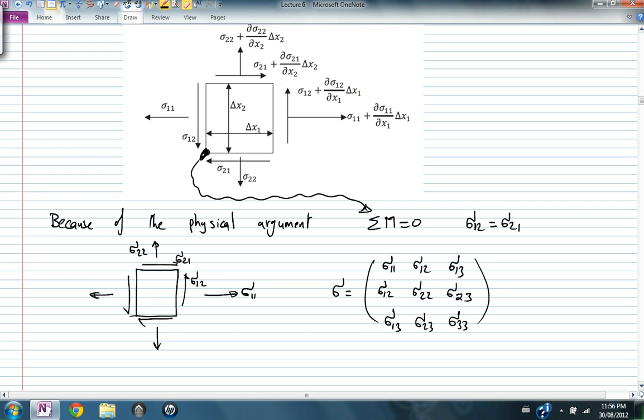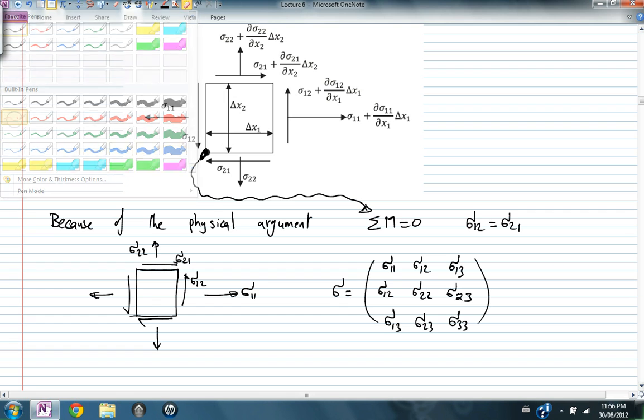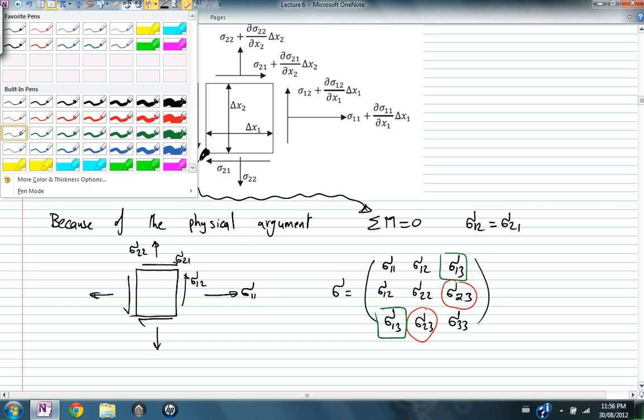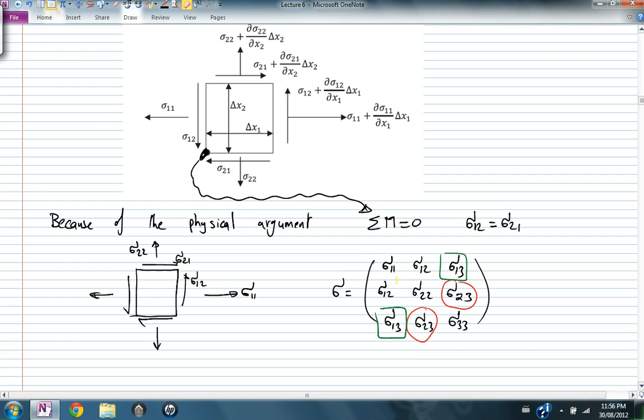So these off-diagonal components are equal. This guy is equal to this guy. This one is equal to this one. And finally, this one is equal to this. And so the stress matrix is symmetric, which means I only need to know 6 components rather than 9 components.